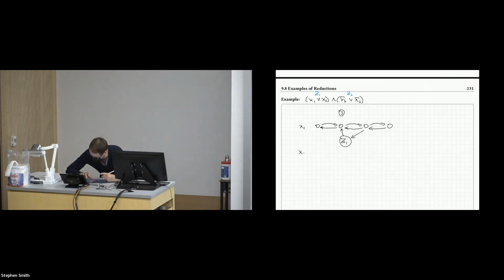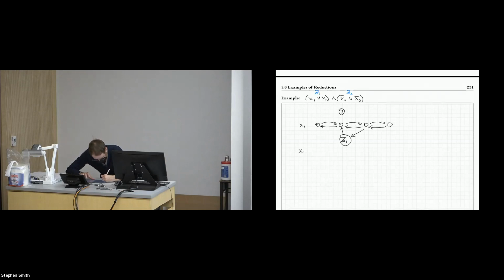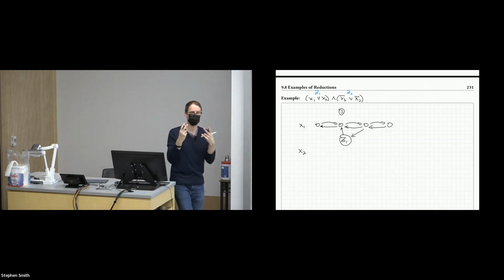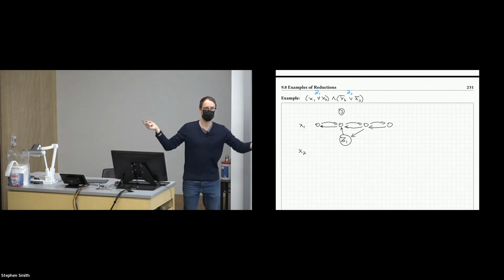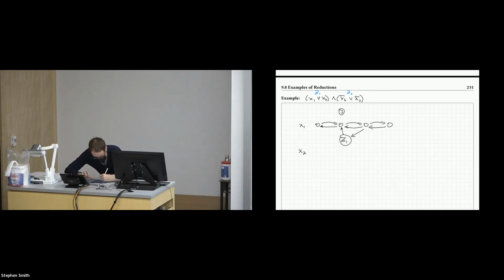Then I have my gadget for X2. X2 appears in both clauses, right? So I need to create 4 vertices for the 2 appearances plus the endpoints, so a length 6 chain.